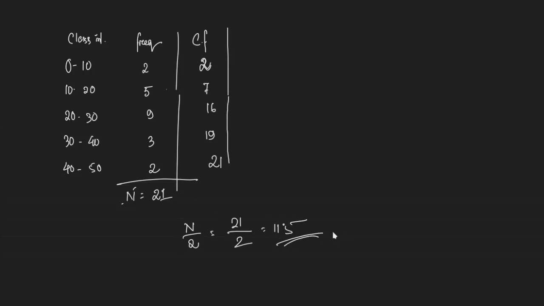So 2 is less than 11.5, and 7 is also less, right? 16 is greater. So this will be the value, and the row corresponding to it is the median class.